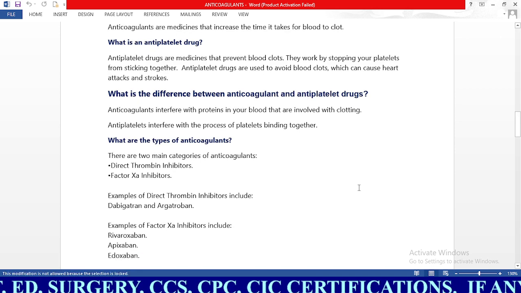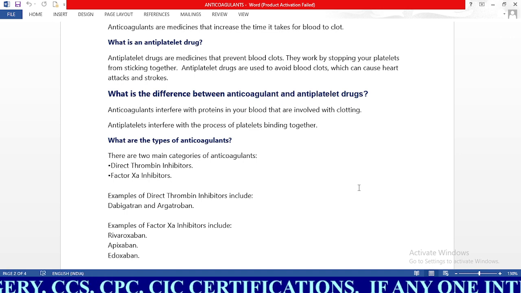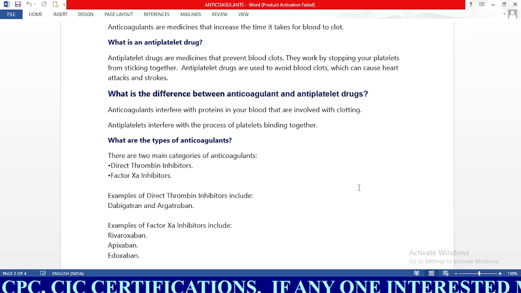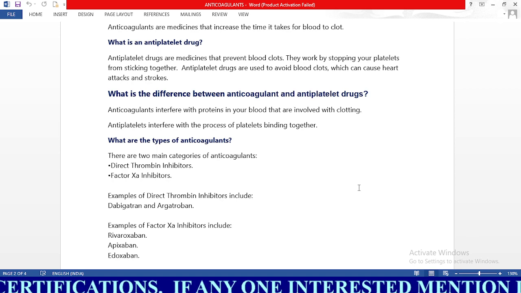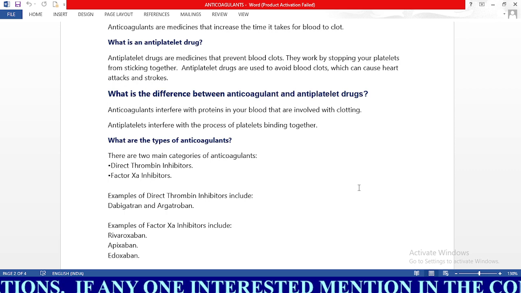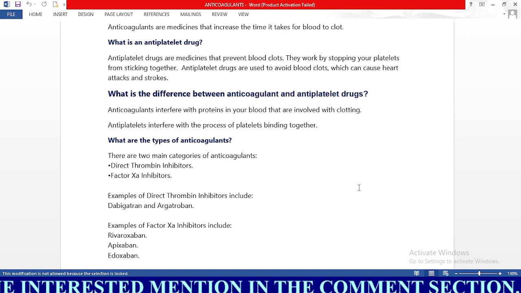So what are antiplatelet drugs? Antiplatelet drugs are medicines that prevent blood clots. The function of anticoagulants and antiplatelet drugs is the same, but they act in a different way, which we are going to learn below.